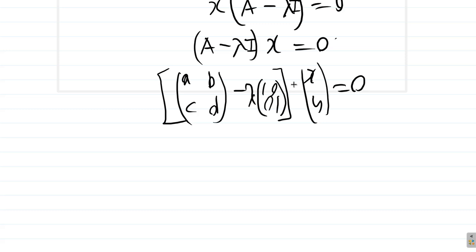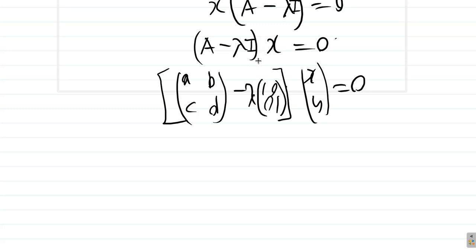Now, if you have this situation, remember, when you have a number multiplied by 0, you get 0. Or if you have a matrix multiplied by 0, the null matrix, you get 0. So this is suggesting that the eigenvector is a null matrix, but that's not really so. You see, A minus lambda I x.